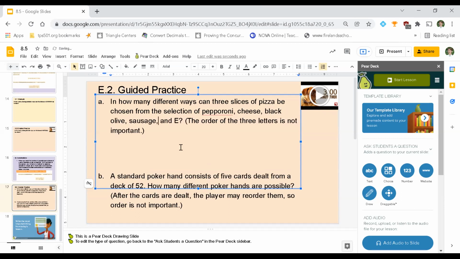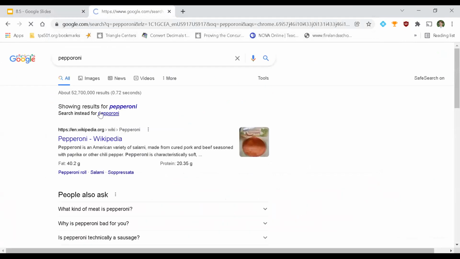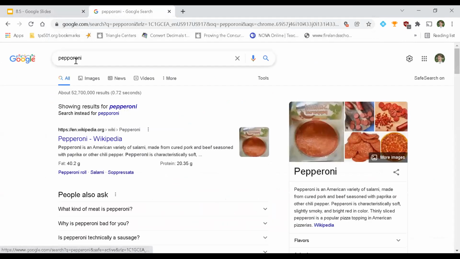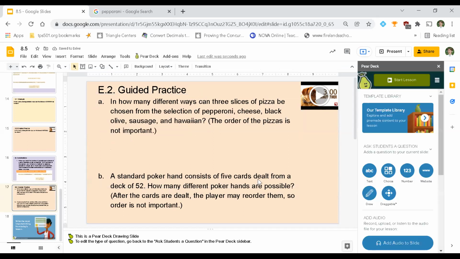And last choice. Hawaiian. Fine. Hawaiian works. What's wrong with pepperoni? Did I spell pepperoni wrong? Oh, there's an E instead of an O? That was a test of you, Google. You passed. The order of the pizzas is not important. Okay, there we go. That's more relatable.